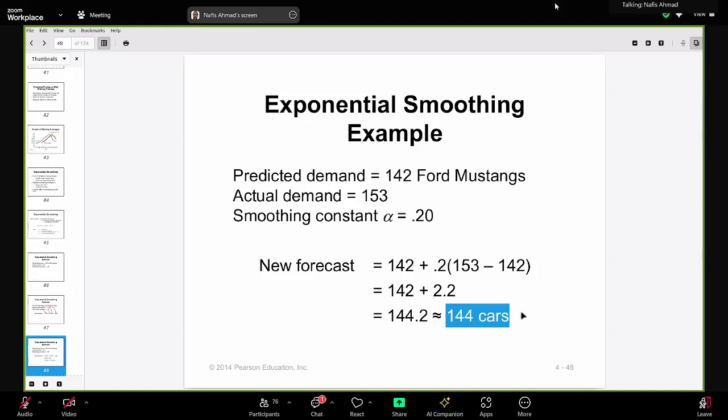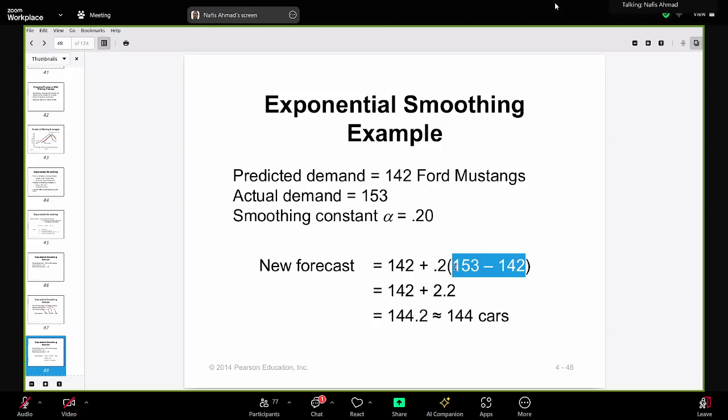In case of moving average, we require more data, say 3 month moving average, 4 month moving average. In case of exponential smoothing, it always requires only two data, the immediate past. In case of moving average, we use only the actual demands. In case of exponential smoothing, we use forecasted demand as well as actual demands.